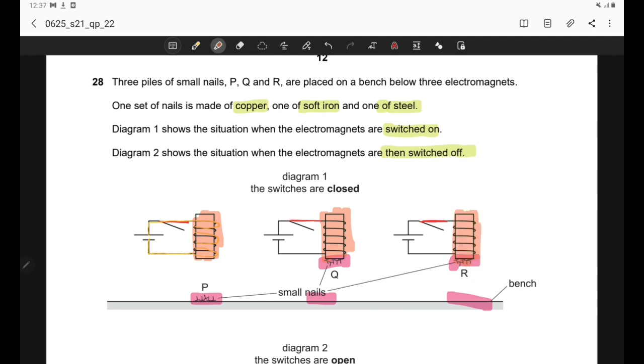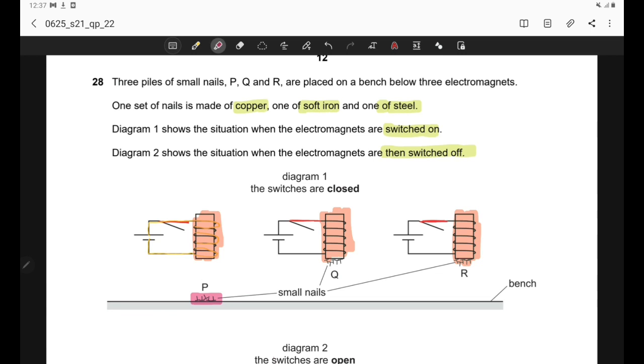So once the switches are on, there will be electricity. Because of that, these coils will behave as a permanent bar magnet. So the coils will have a magnetic field around them. Now in diagram 2, these coils are actually bar magnets, or they have magnetic properties. So they are electromagnets.